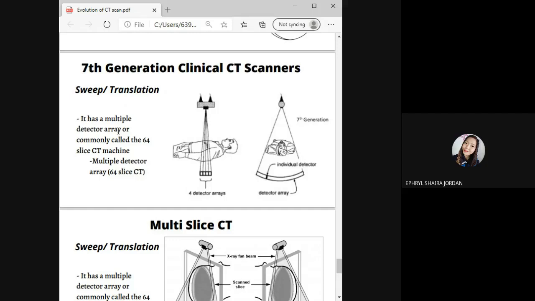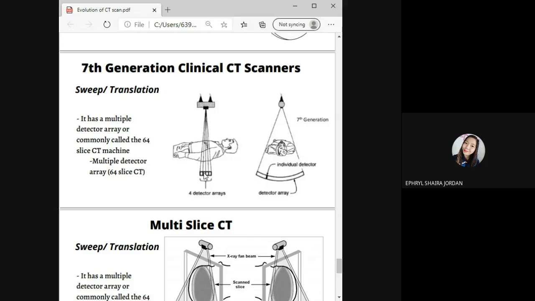So it has multiple rows of detectors. So 1 to 8 nakabuo. And then when you say 256, that machine has 256 number or 256 detectors. So, yan siya. So, as you can see in this view, meron tayong 4 rows or 4 arrays of detector.